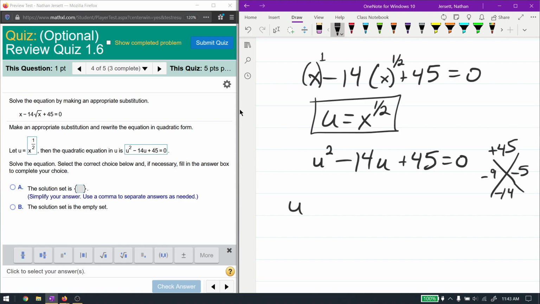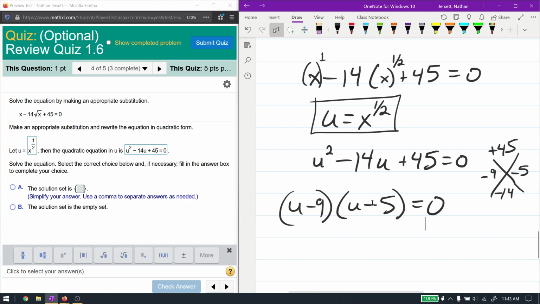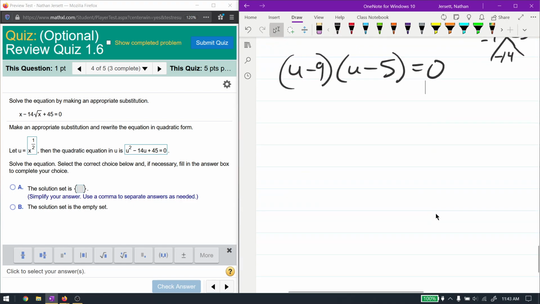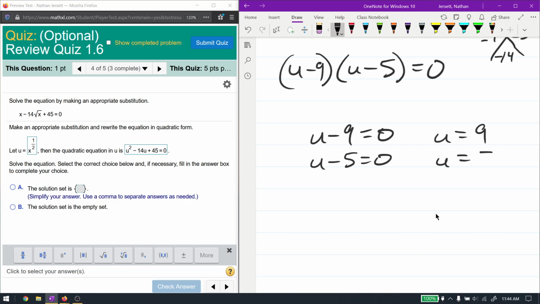That gives me the factors u minus 9 and u minus 5 equals 0. So we get two answers. I should say u minus 9 equals 0, that implies u equals 9. And then u minus 5 equals 0 implies u equals 5.